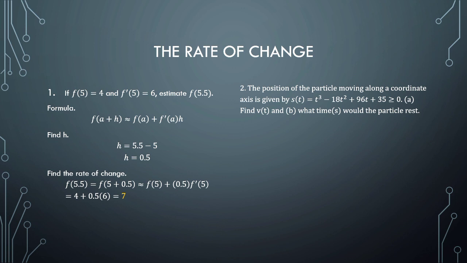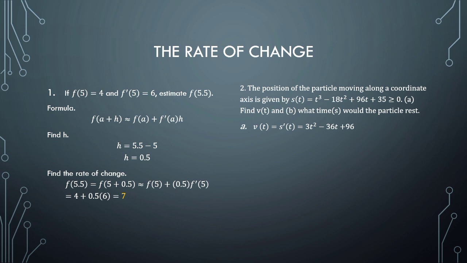To find v of t, we need to find the derivative of the function s of t. The derivative of t cubed would be 3t squared, then the derivative of negative 18t squared would be negative 36t, and the derivative of 96t is equal to 96. So v of t is equal to 3t squared minus 36t plus 96.